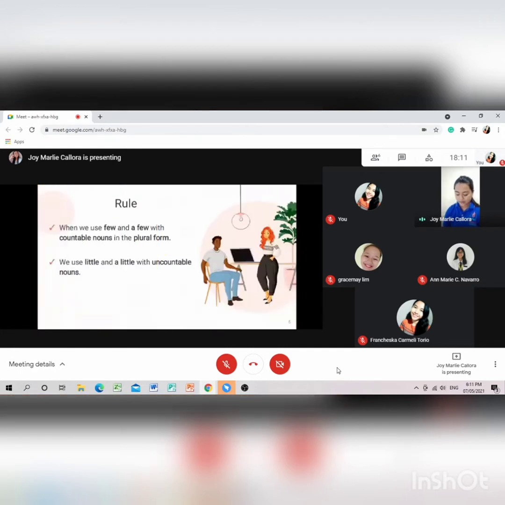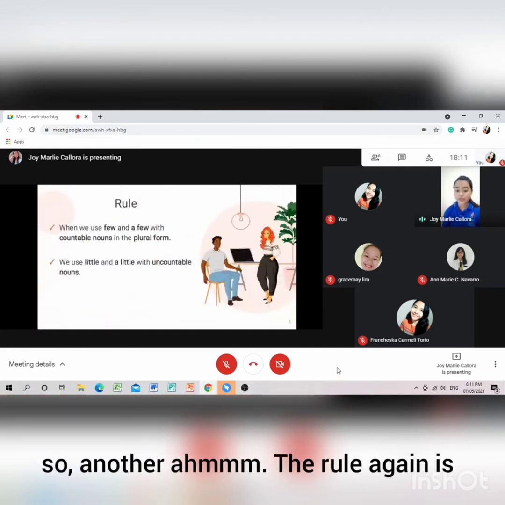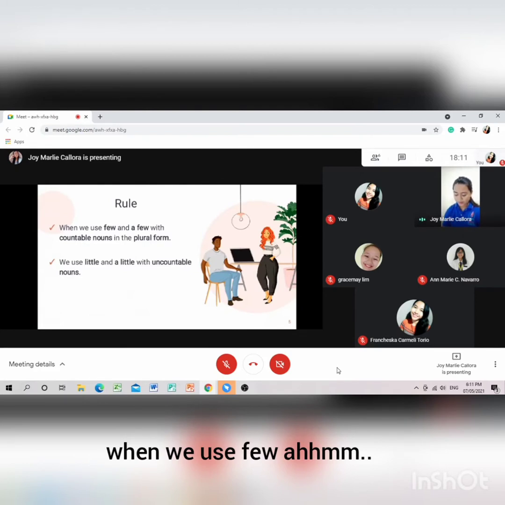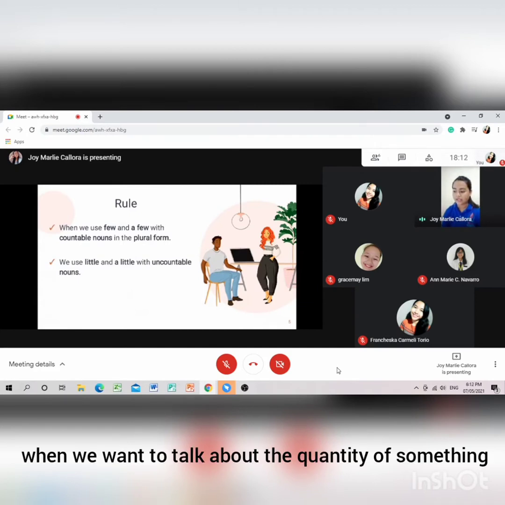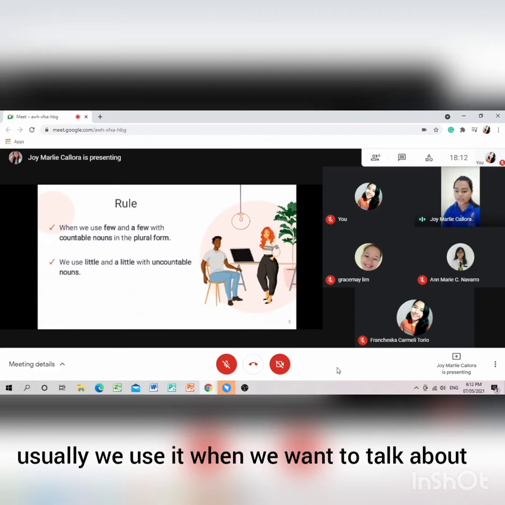Again, the rule: always remember that a few and few are used with countable nouns in the plural form, while little and a little are used with uncountable nouns. We use the word few when we want to talk about the quantity of something, usually a small quantity.